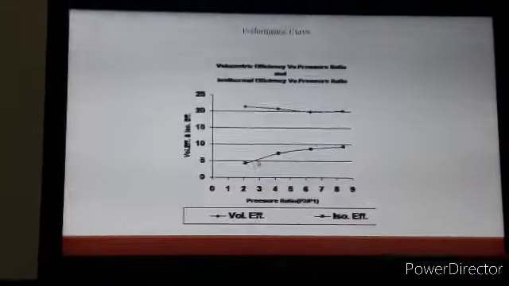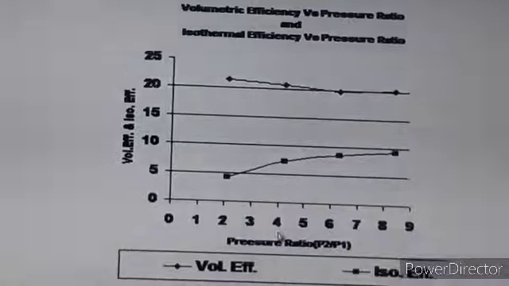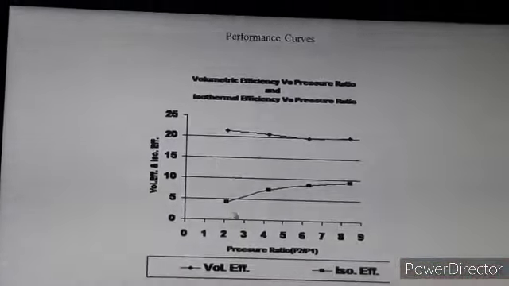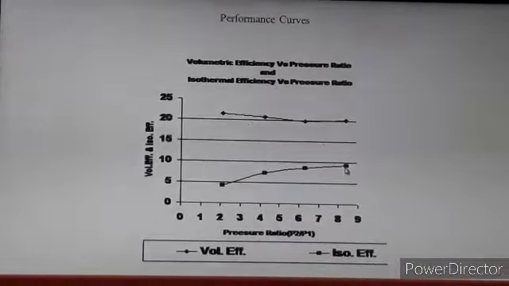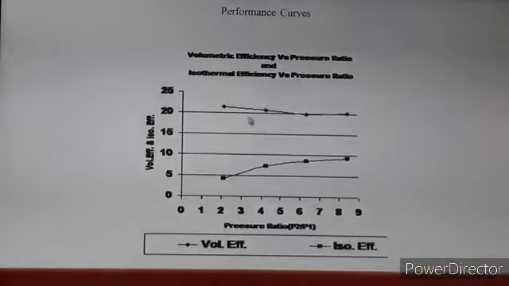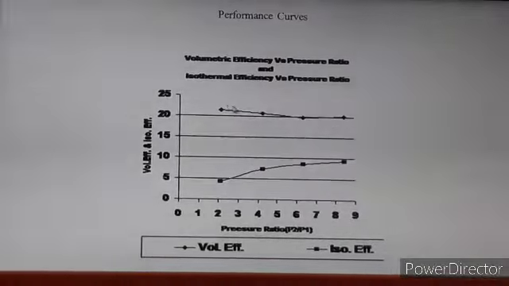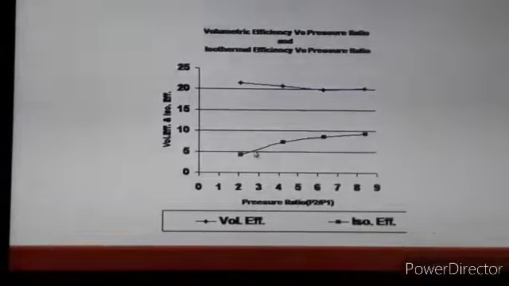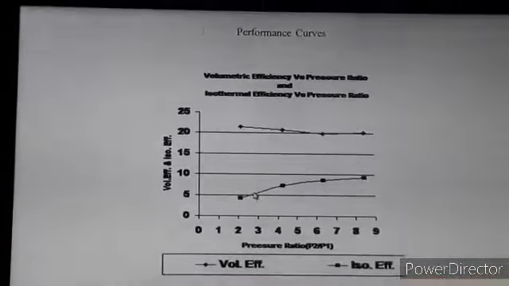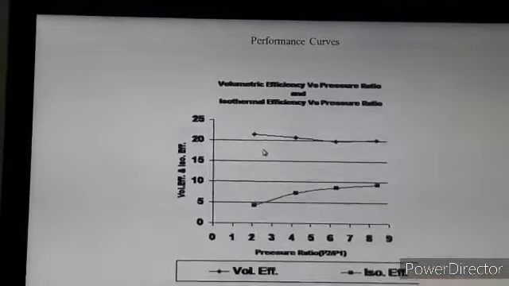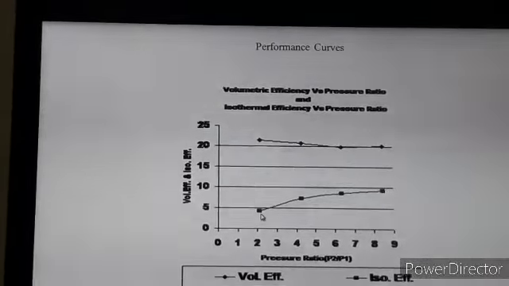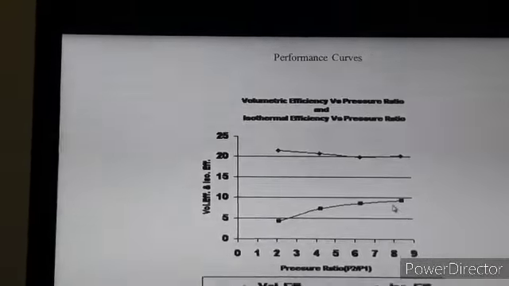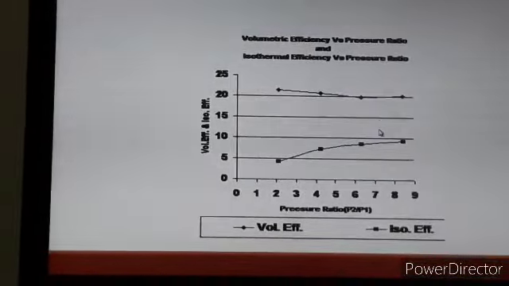This first graph is for isothermal efficiency versus pressure ratio, and this graph is for volumetric efficiency versus pressure ratio. As we have recorded 4 readings and calculated the parameters with respect to those readings, these are the 4 points.